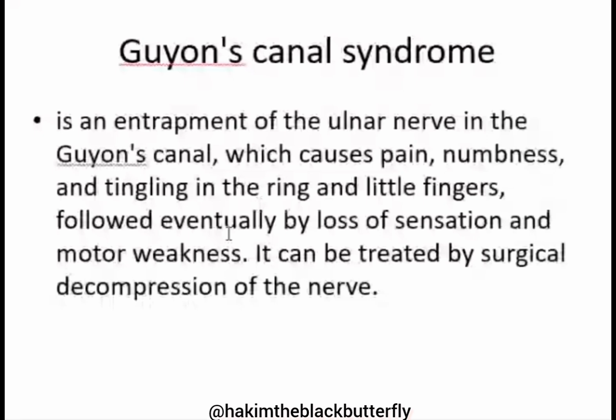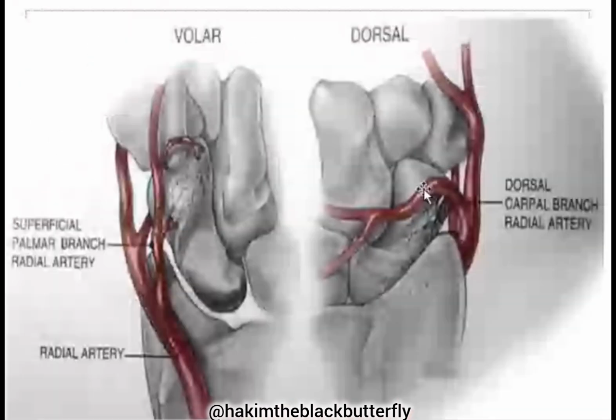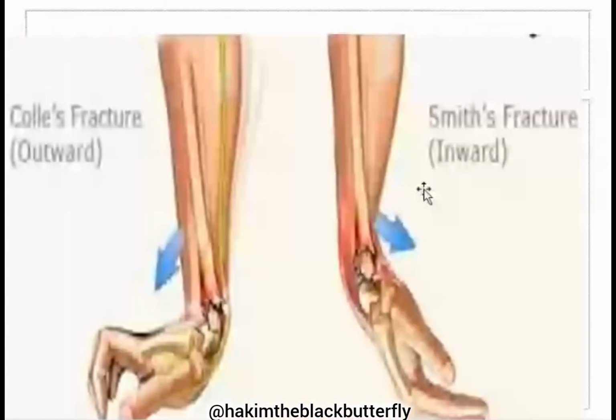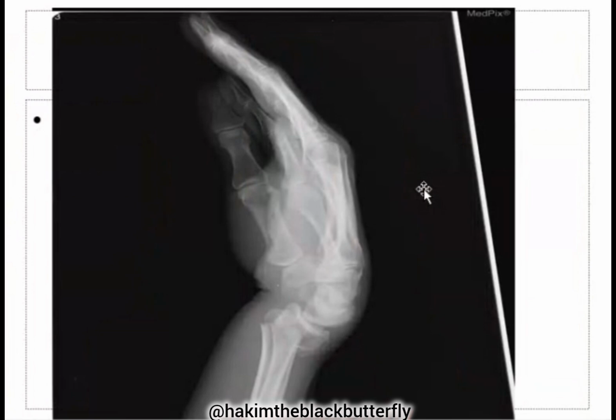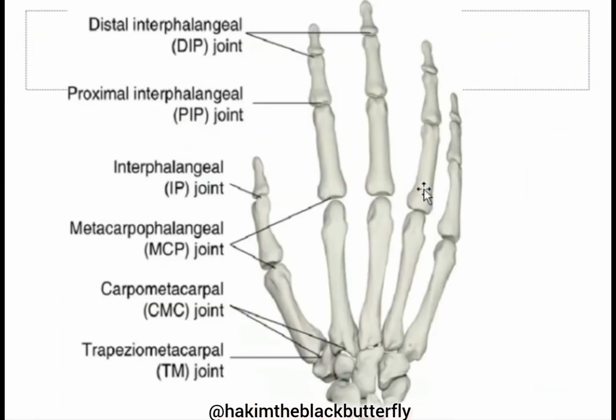Surgical operation is done to decompress the nerve because what is bringing these effects is the compression of the nerve. So these clinical aspects are very, very important. The fractures of the distal radius, the joints of the hand from the wrist joint to the intercarpal joints to the carpometacarpal joints to the interphalangeal joints.